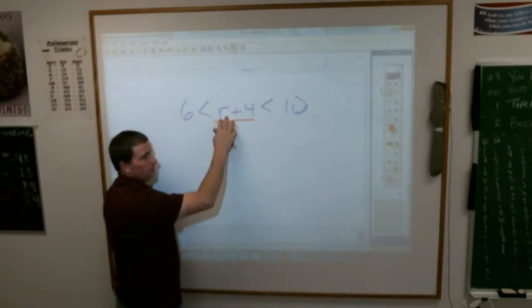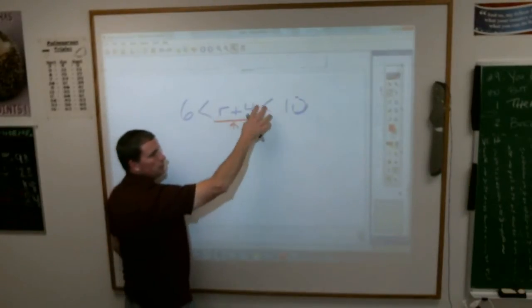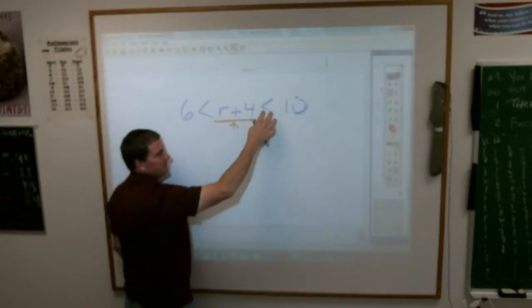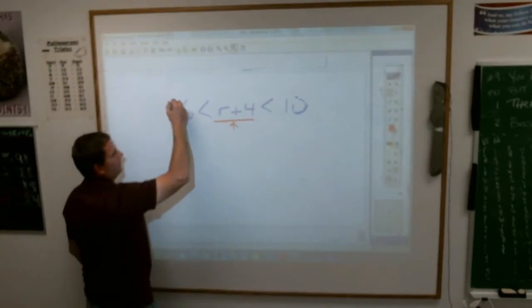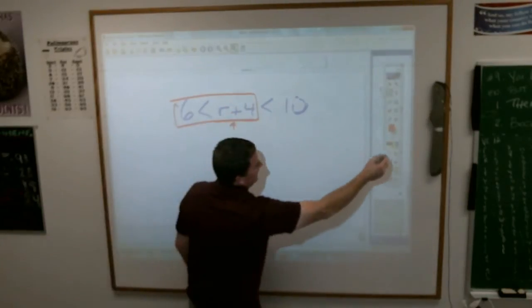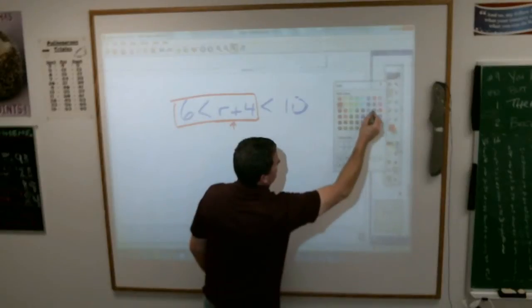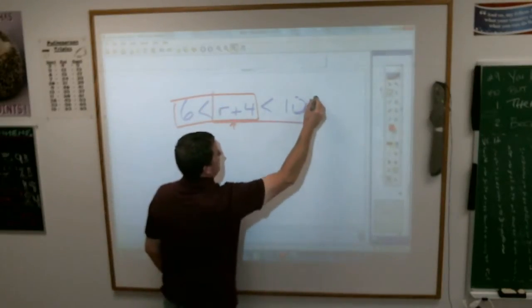In order to do that, you have to think of this as two separate inequalities. You have to look at this as being one part of the problem, and this as being the second thing you need to solve.